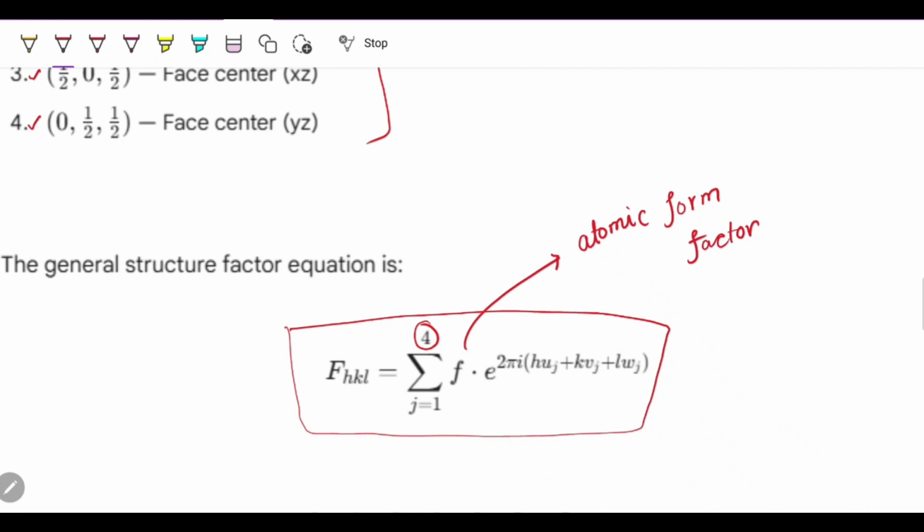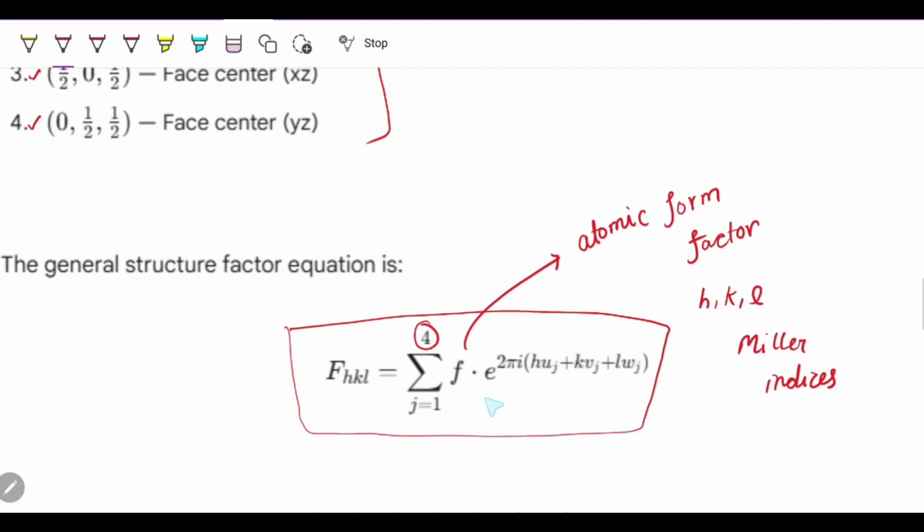Then we have 2 pi i times (hu_j + kv_j + lw_j), where h, k, l are the Miller indices and u_j, v_j, and w_j are the coordinates of the atoms, like here we defined 0, 0, 0, half, half, 0, and so on.